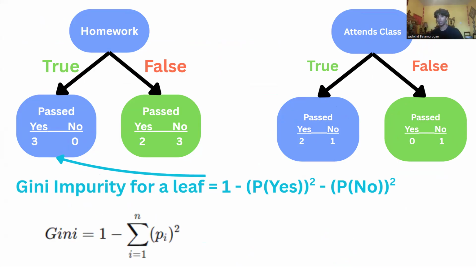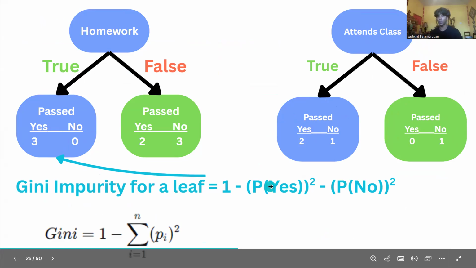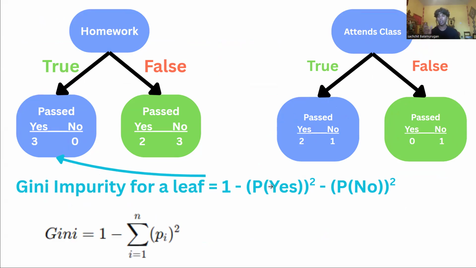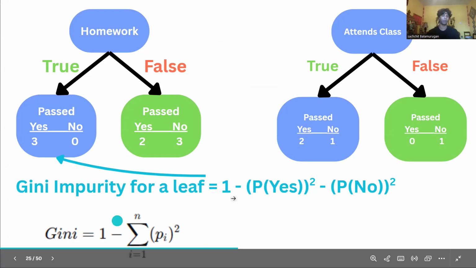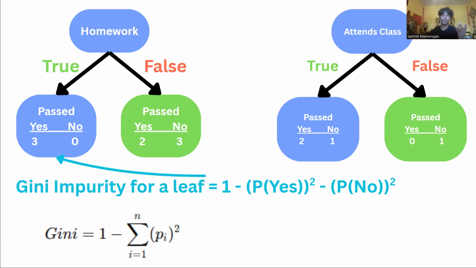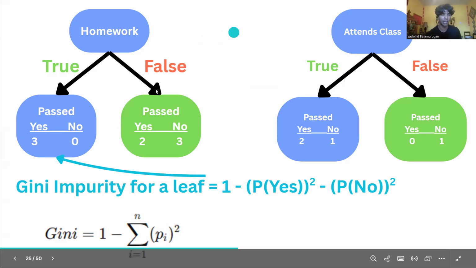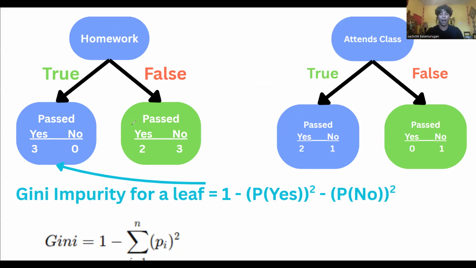So what is that equation? That is just 1 minus the probability of yes squared minus the probability of no squared, okay? Or you can just see it in the equation form right here. All it is is 1 minus the summation, and like we discussed in the last class, I'll just quickly do a reminder. All the summation is, if you see p_i squared, that is just the probability here.